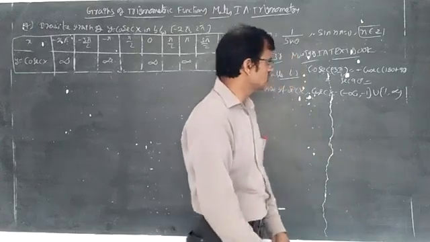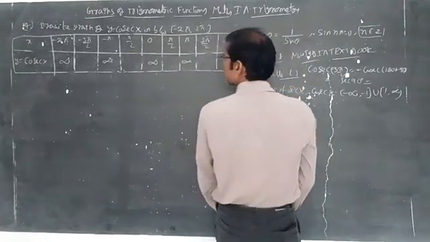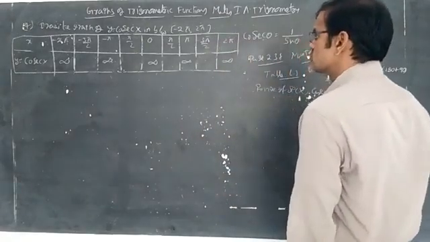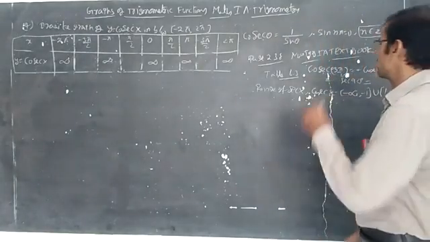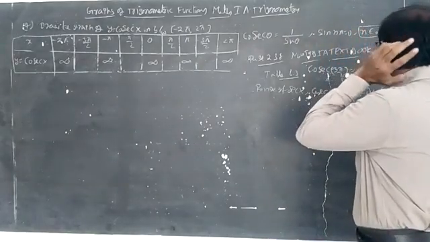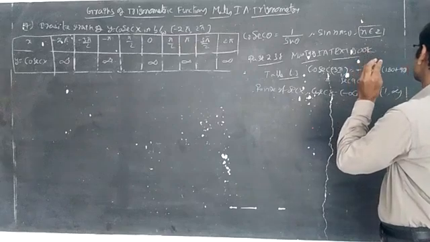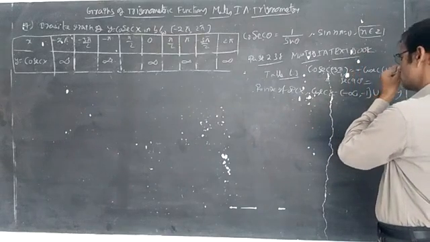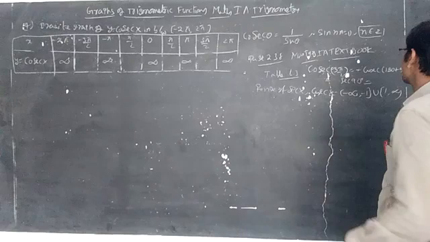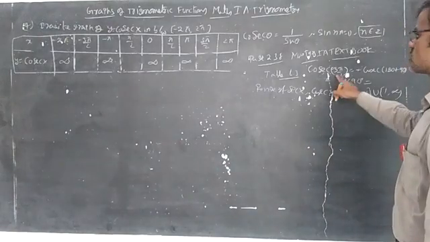Cos 90 is 0, so again we are getting infinity. That is not right. Cosecant 3 pi by 2 becomes cosecant of 180 plus 90, secant 90, cos 90 is 0, secant 90 is infinity. This is 270 cosecant.